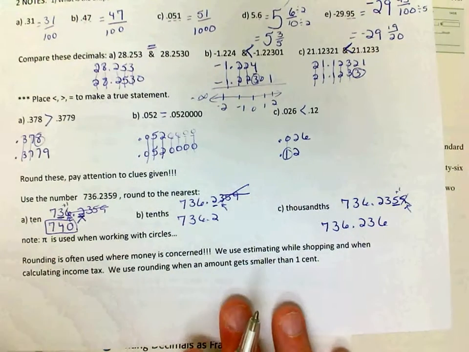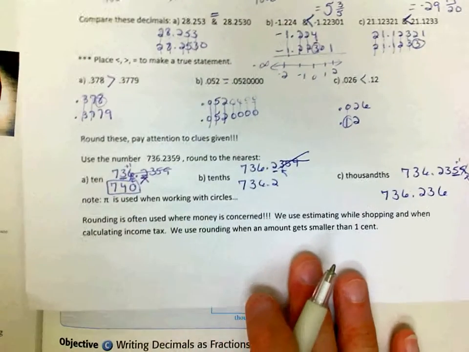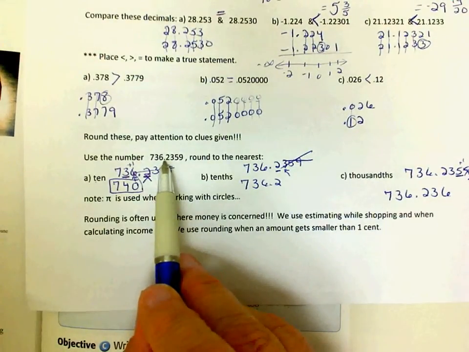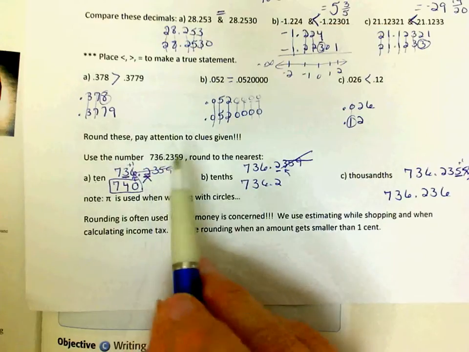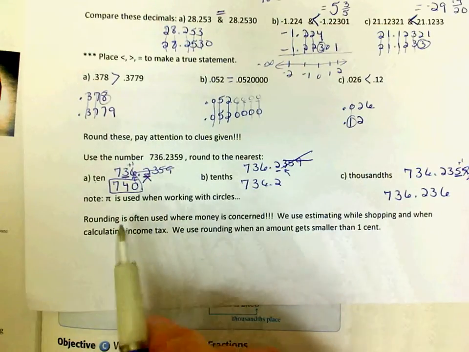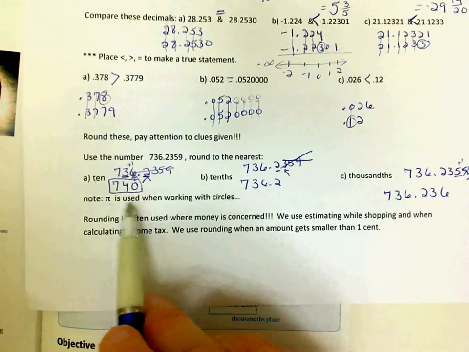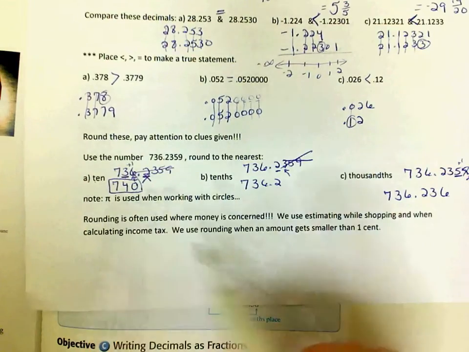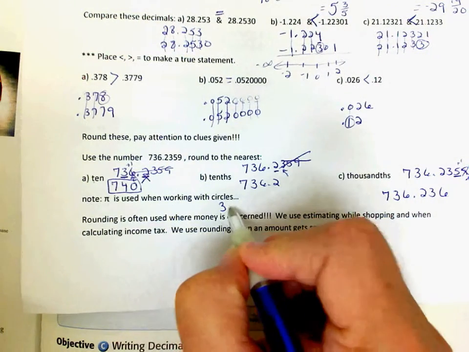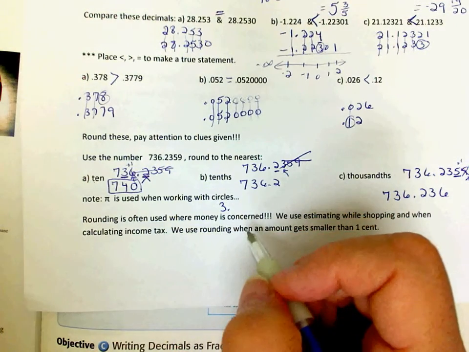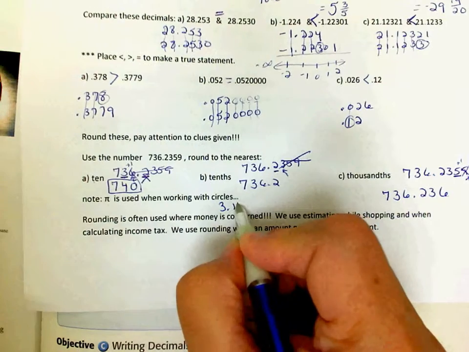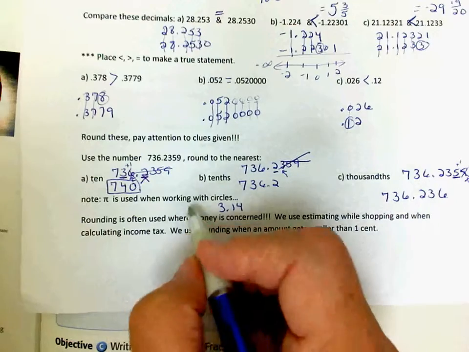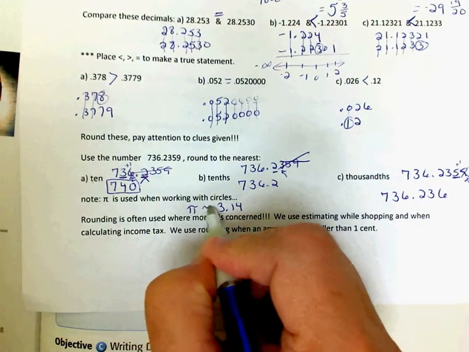When you're looking at checks, make sure the only place you put an "and" is where the decimal goes. And another place where we use rounding is with pi, because pi has over 1 billion decimal places, so for us to realistically use it, we have to round it, and we usually round it to approximately 3.14.